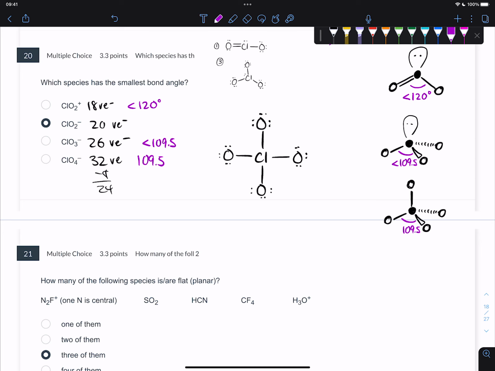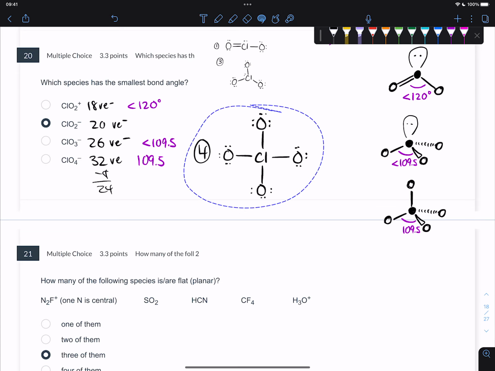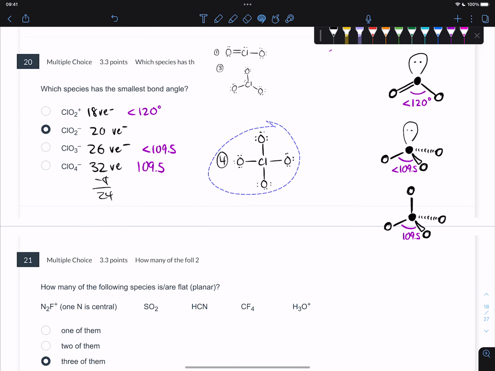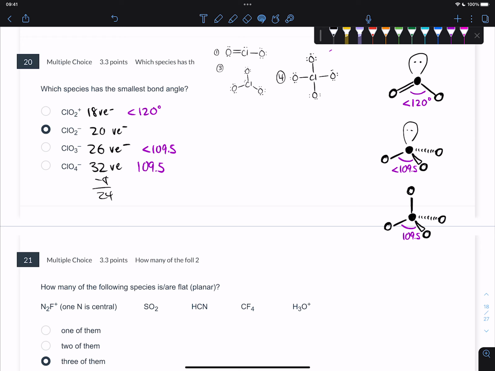What is going on with ClO2, which is the chlorite ion? Let's shrink that down. Actually, mark it first and then shrink it. All right, move that over here. So what's going on with the second one?